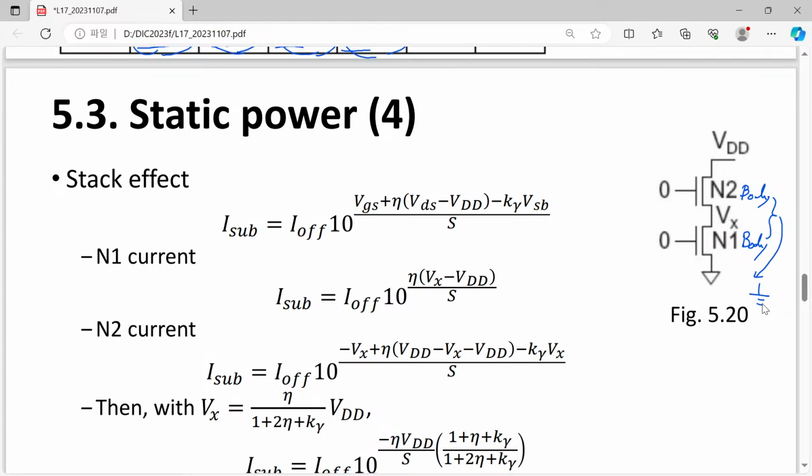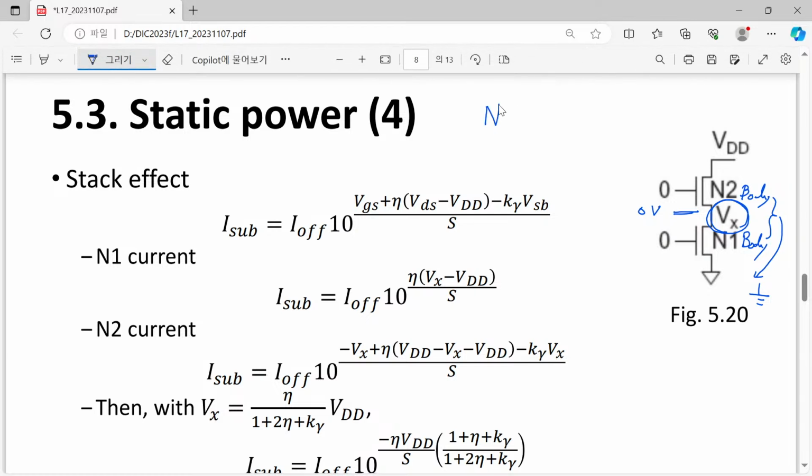That is quite a typical case. So then let's consider what will happen when we have the Vx voltage equal to 0 volt. Then there will be nothing. For this N2 device, if Vx equal to 0 and its body voltage is also 0, then Vx is equal to its source voltage, so source to body voltage will be 0.